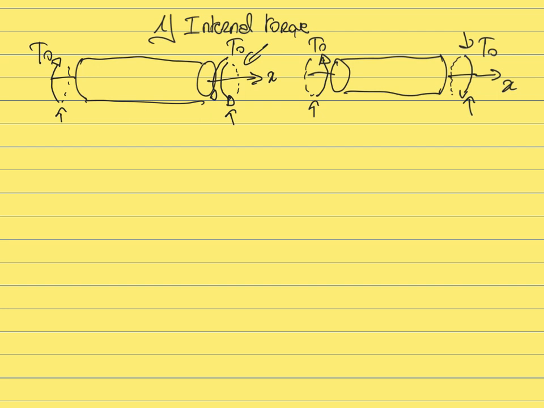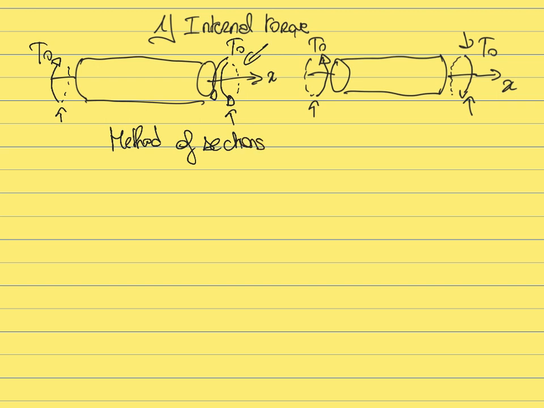So again here, since we want to be able to calculate what will be the internal torque, we need to define a sign convention. So for this, if we want the internal torque, just like anything that is internal, we need to use the method of sections.